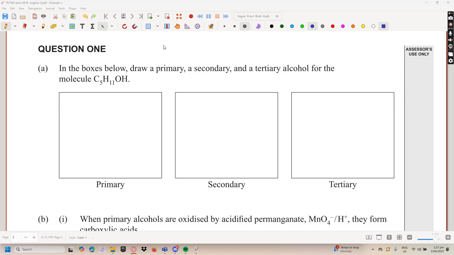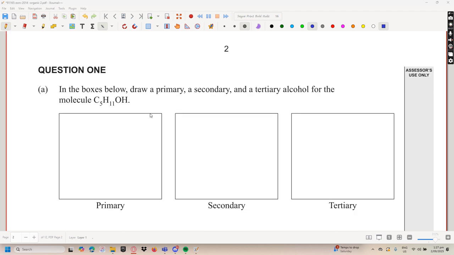Okay, so in the boxes below, draw a primary, secondary, and tertiary alcohol for this molecule. So remember, primary alcohols are when the OH group just connects to a carbon like on the end.